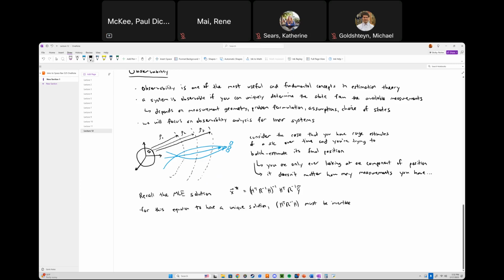Now, we also know that R, which is the measurement covariance matrix, is symmetric, positive definite.